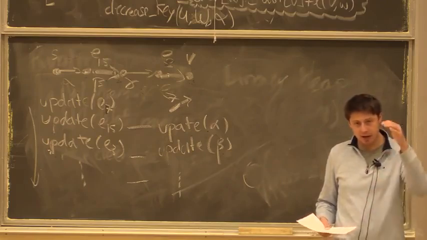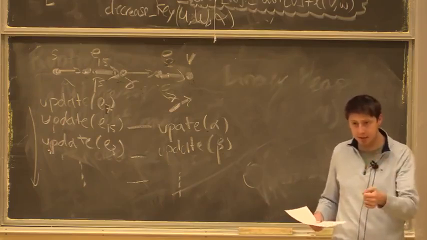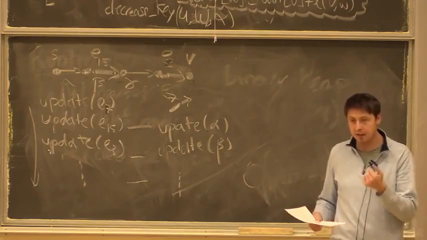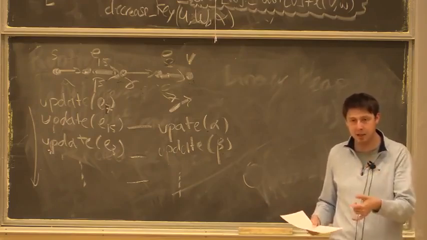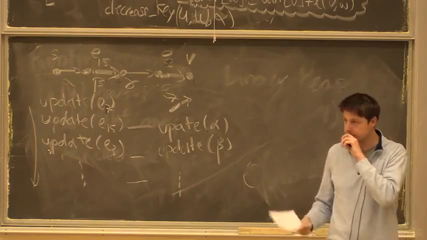Because if an algorithm has done whatever updates, and for every shortest path I can find that path as a subsequence of this sequence, I will be done. Right? Yeah?